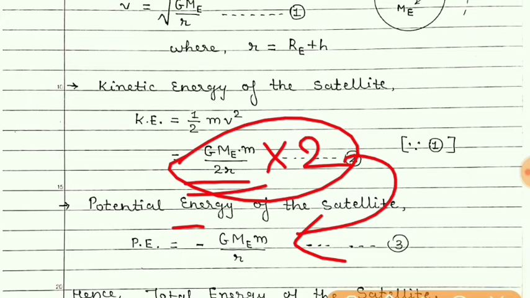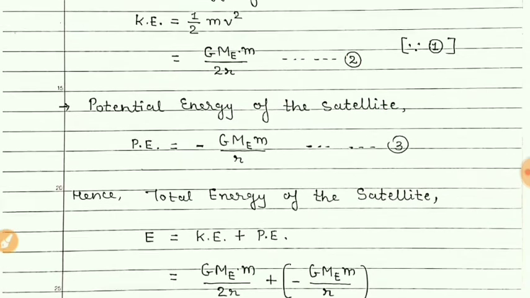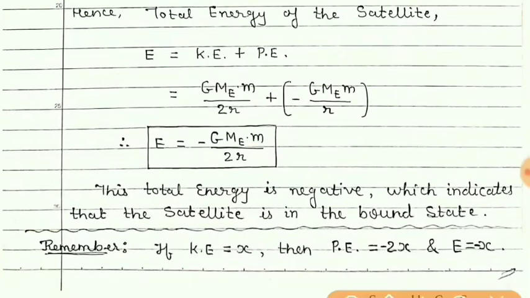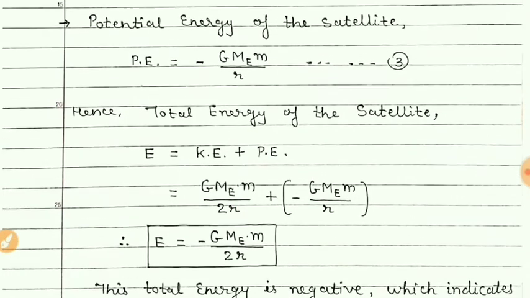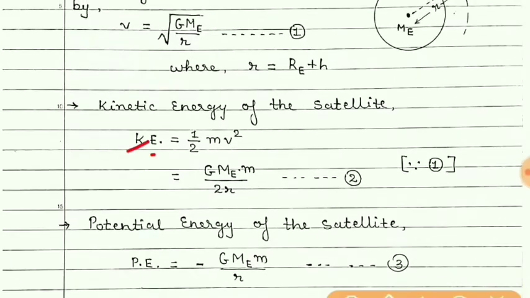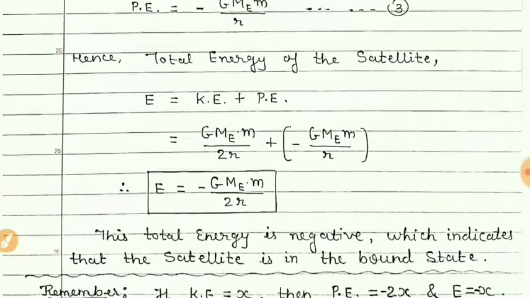Then what is total energy? Total energy is equal to that of kinetic energy only, but once again it is negative. So students, always remember potential energy and total energy are always negative. Kinetic energy is always positive. Kinetic energy and total energy are equal in magnitude, while potential energy is double that of kinetic energy.